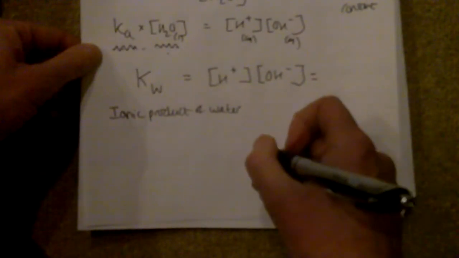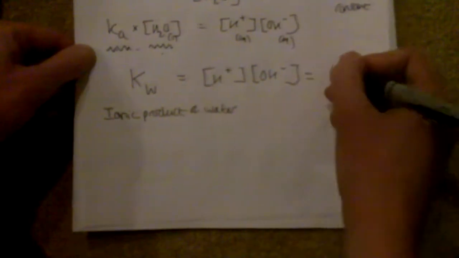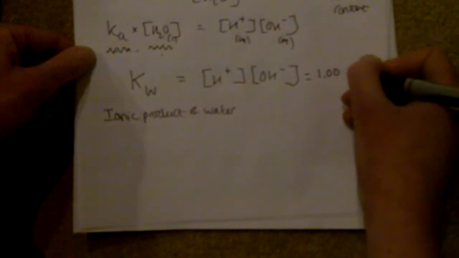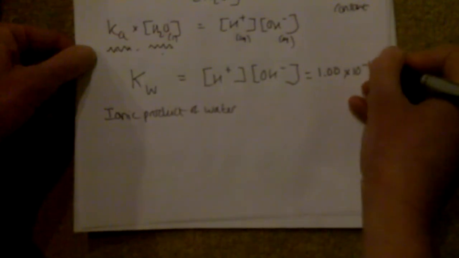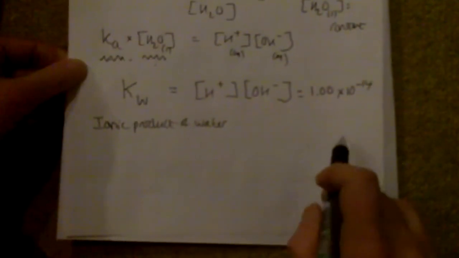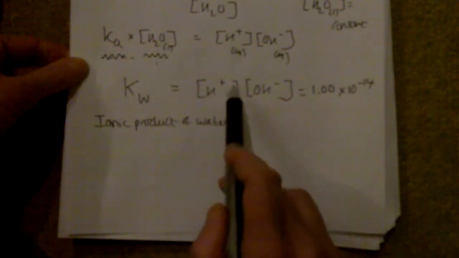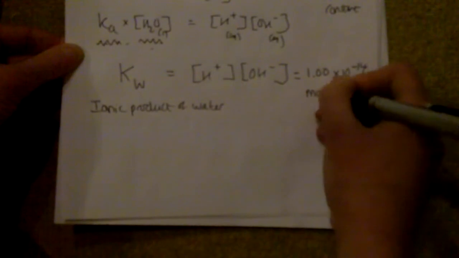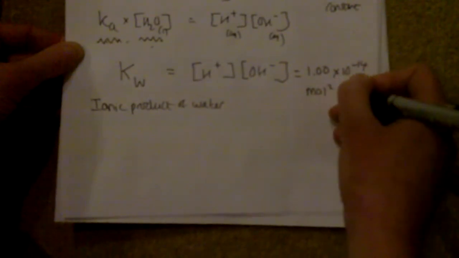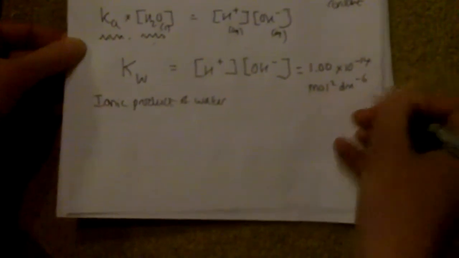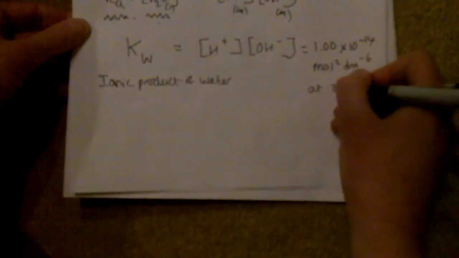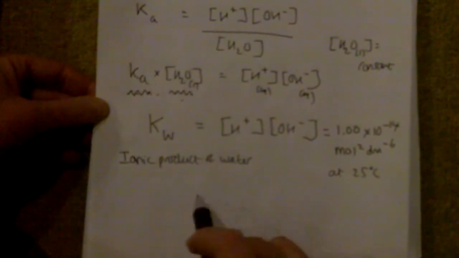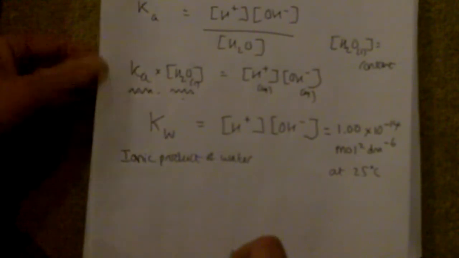You don't have to remember it, well, not for OCR exam papers, they put it in the data sheet. The ionic product of water is 1.00 times 10 to the minus 14. Because it's concentration times concentration, the units are a little bit weird, so just be careful: mole squared dm to the minus 6. That's at 25 degrees. Its value will change depending upon the temperature.